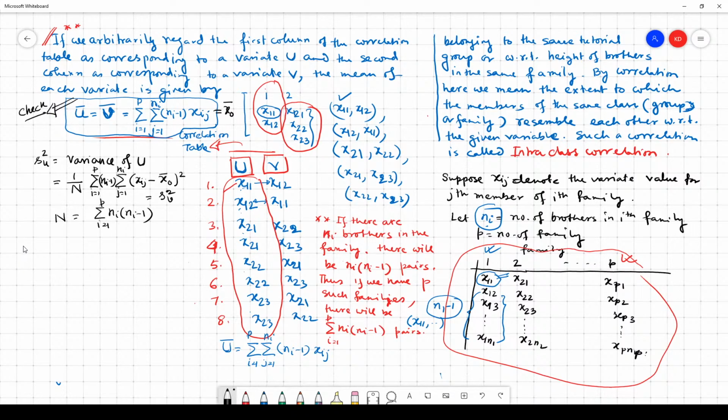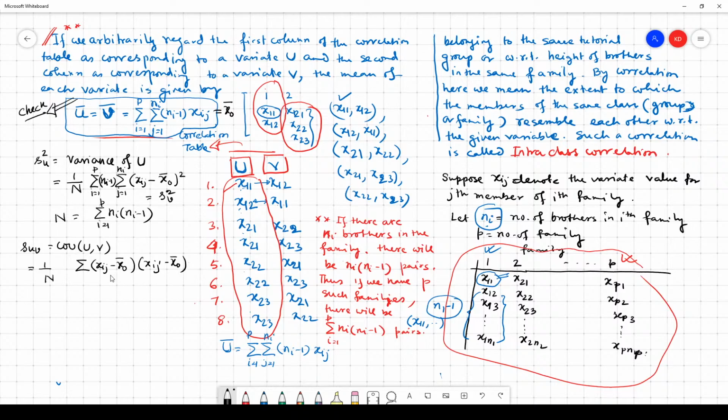Now SUV, which is the covariance between U and V, is equal to 1 by n times the sum of xij minus x naught bar and xij dash minus x naught bar.